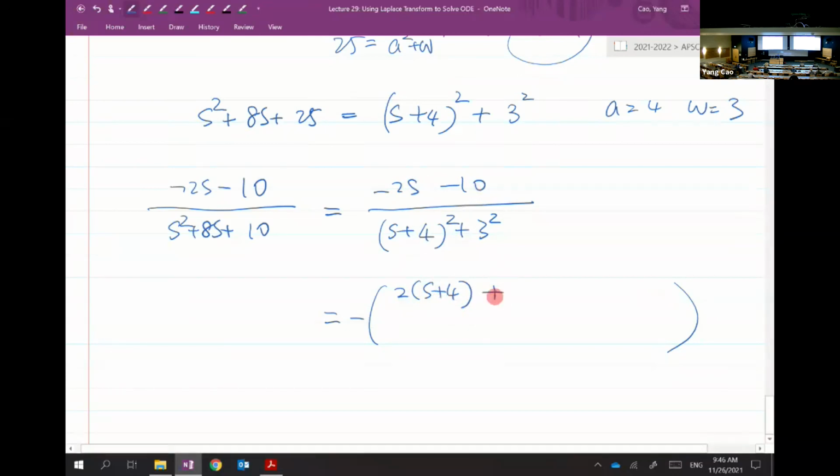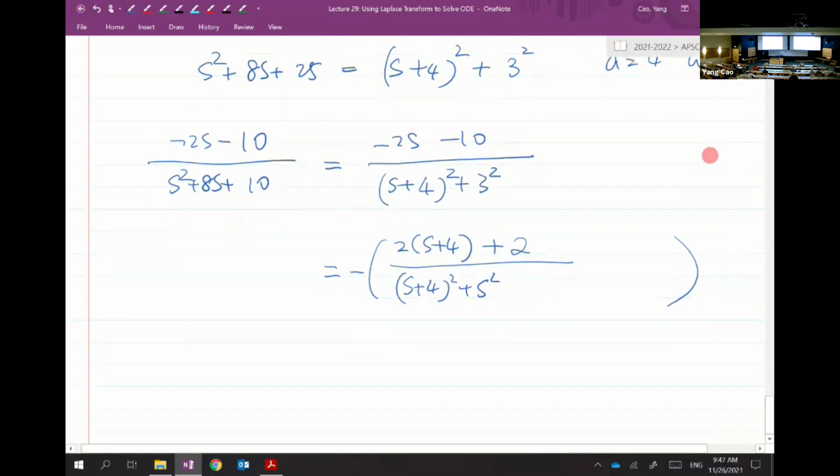If I change this s to s plus 2, then what's the effect for the constant 10? So this is 2s plus 8. And then the constant 10, instead of 10, it should be what? Plus 2. Okay, good.